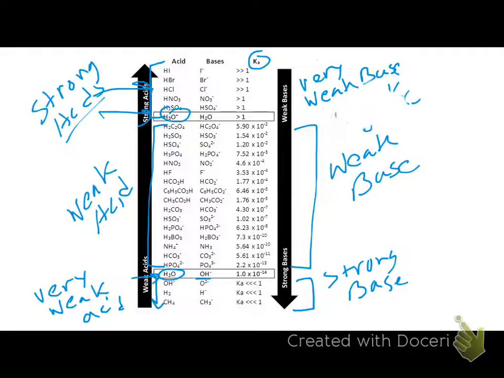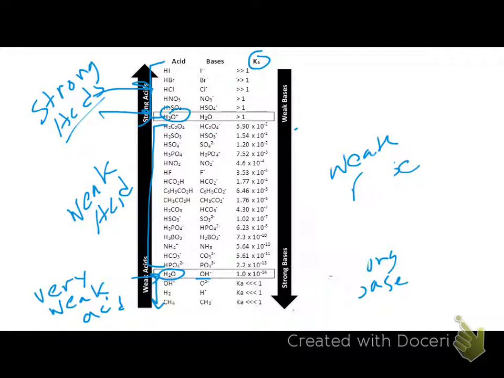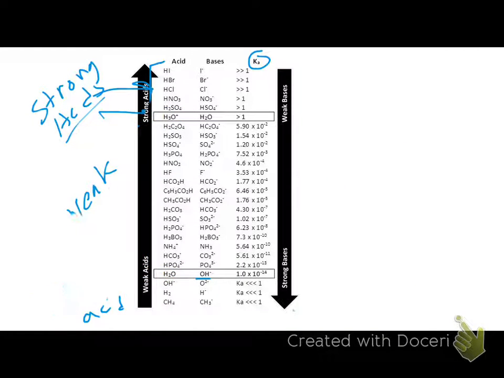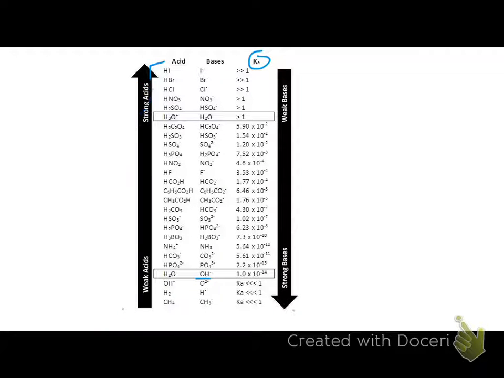All right. One of the things I wanted to make note of on this table is that the bigger the Ka value, as we can see up here, the stronger the acid. So strong acids have very, very big Ka values, and weak acids down here have very, very small Ka values.